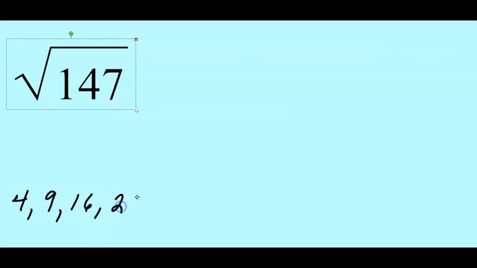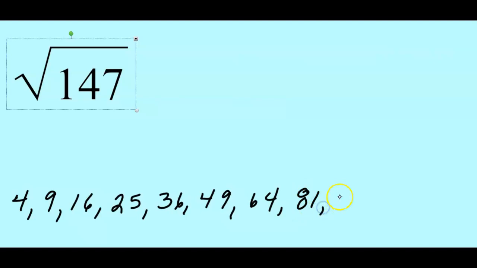16, 5 times 5, 6 times 6, 7 times 7, 8 times 8, 9 times 9, 10 times 10, 11 times 11, and so on and so forth. So what you want to do is try and find the biggest number in this list that divides evenly into 147.